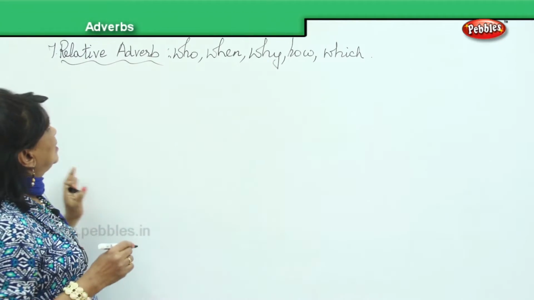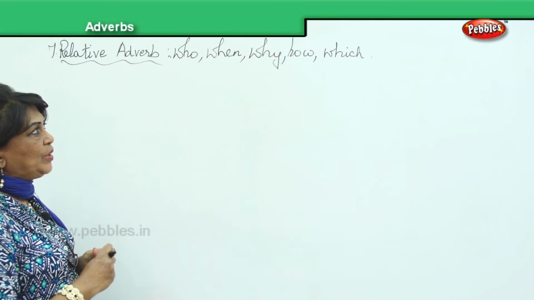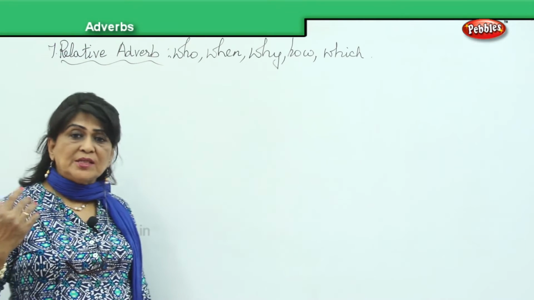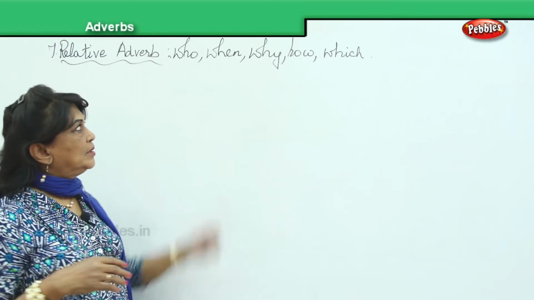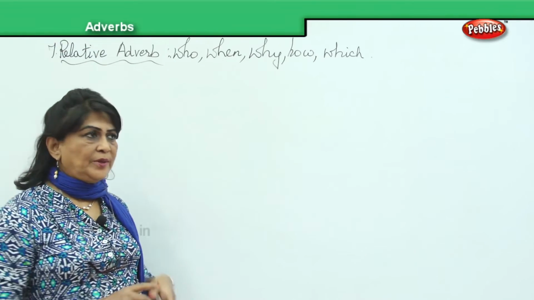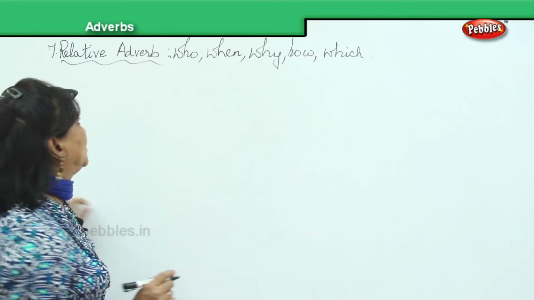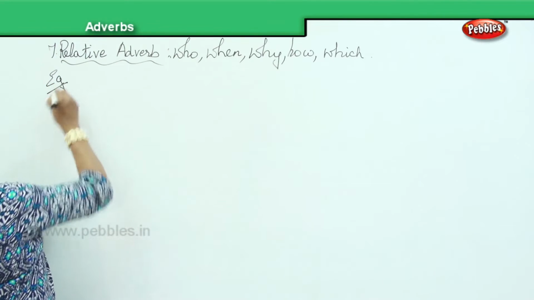Now let's see how these relative adverbs are used. Actually, when you study clauses, all this will come in handy because we will be using all this for clauses. Simple, compound, complex clauses we will be using. Now let's see the examples.